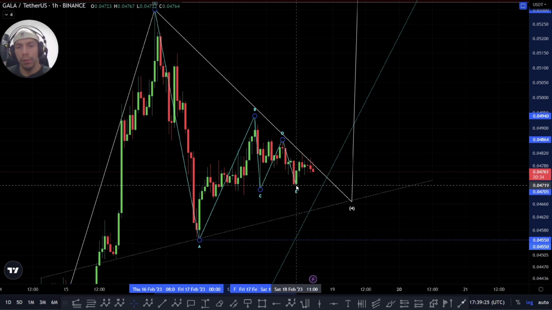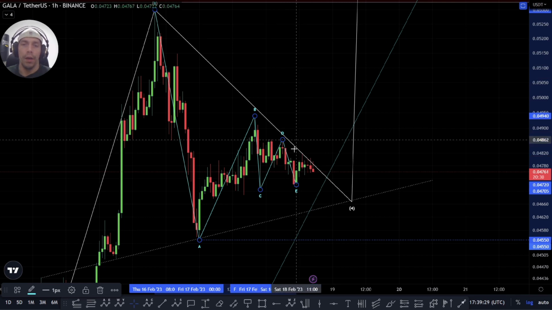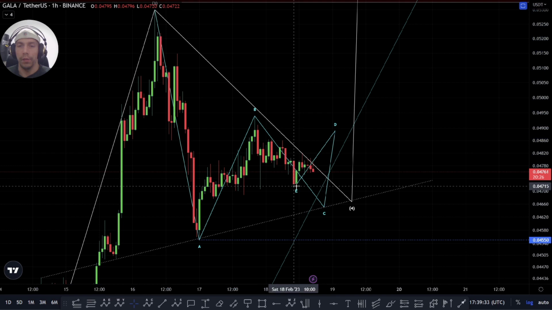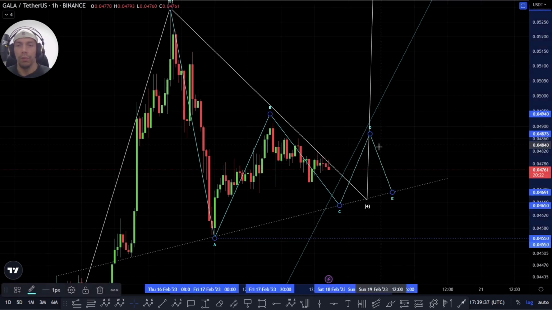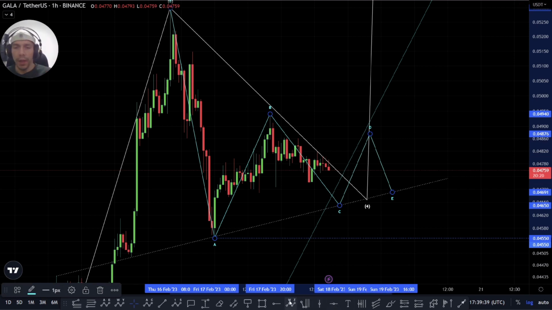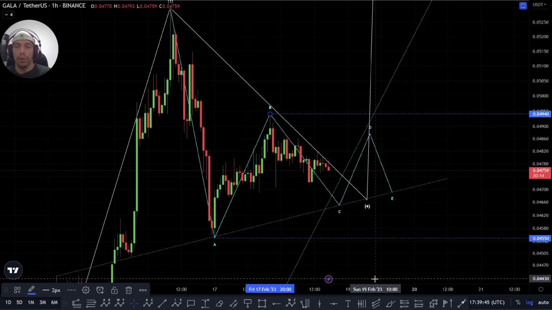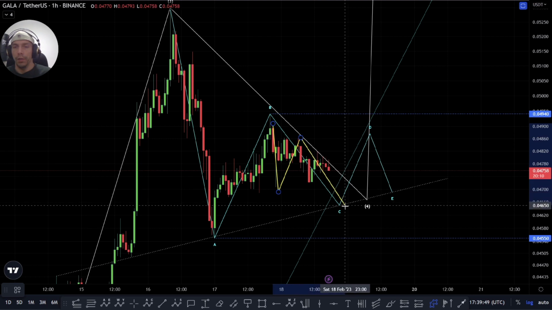If that's the case, we wouldn't really want to drop below this point again, and we would want to start to move away. However, like I said, it is also possible that we're still within that C wave move, and then we're looking for this more sideways move within here to play out. Invalidation of this would come by crossing this B wave high here at this 49.40. So if we were looking at this structure, we'd want to see something like this play out, where this becomes an ABC.